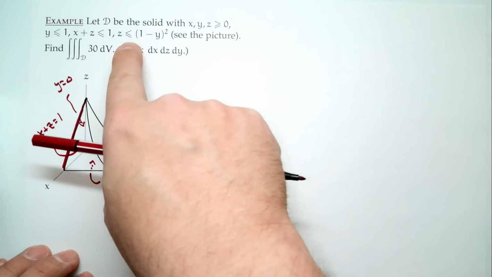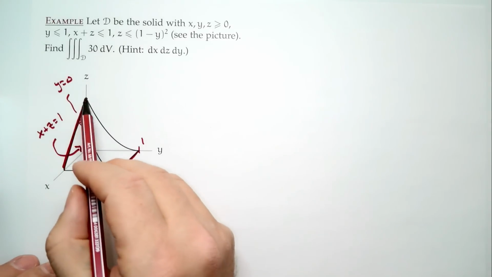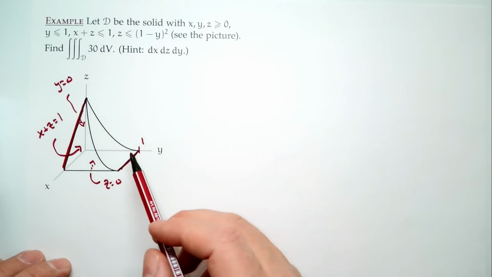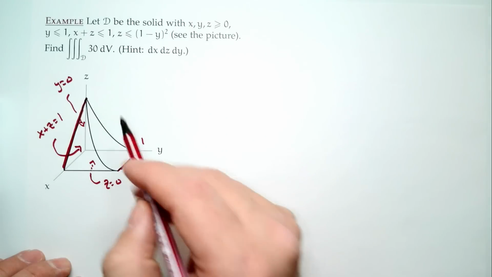And then, of course, there's this z less than or equal to 1 minus y squared. Well, if you just saw that, you'd think, okay, that's in the yz plane. That would look like a parabola. In fact, it's this part of the parabola right here. But then, what does it look like in 3 dimensions? You just copy it back and forth.